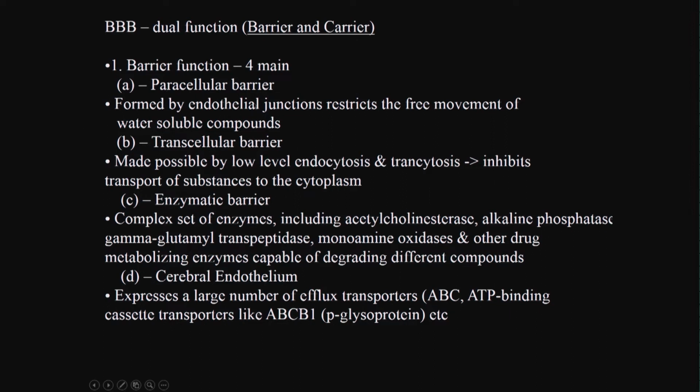Paracellular, formed by endothelial junctions, restricts water soluble compounds. Transcellular barrier, low level of endocytosis and transcytosis. Enzymatic barrier, a lot of enzymes which degrade material coming in. Cerebral endothelium, a lot of efflux transporters. So these are the various barriers.